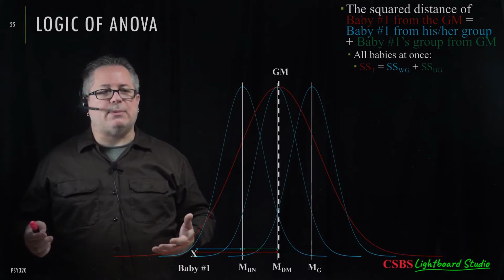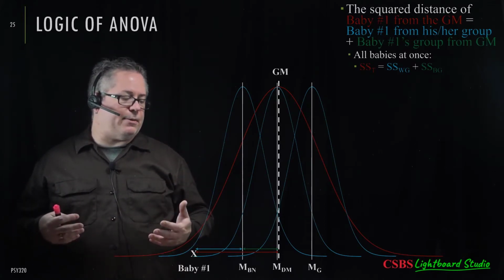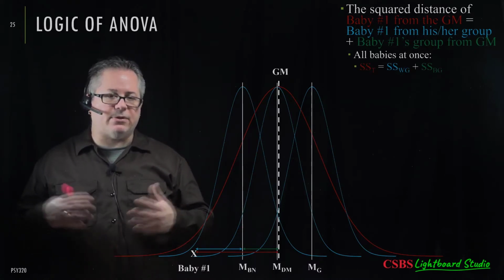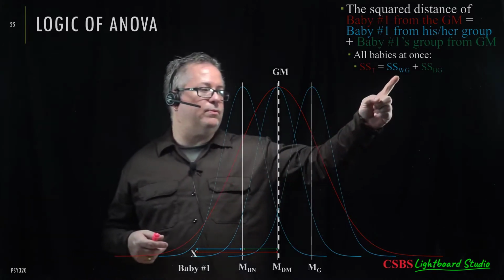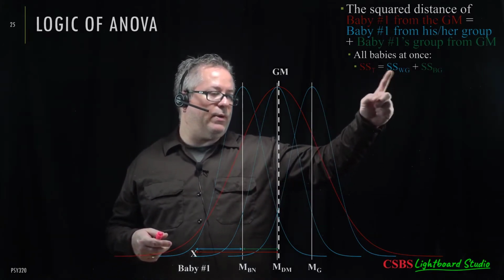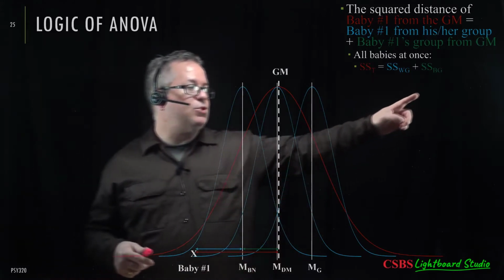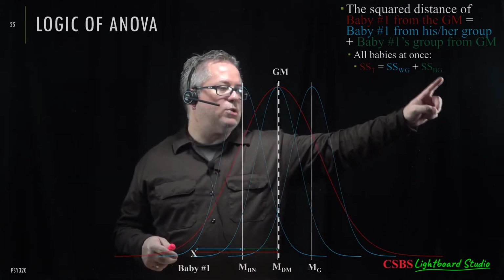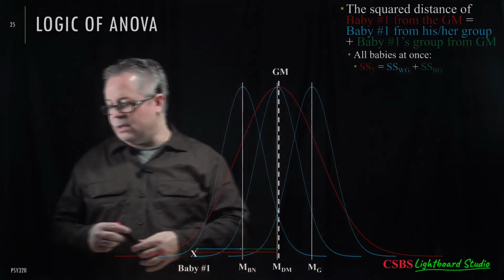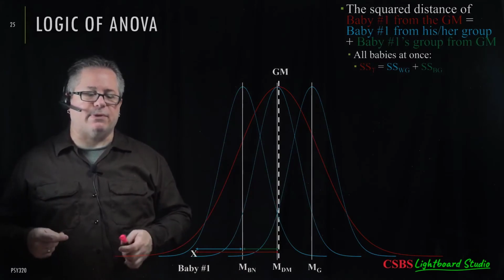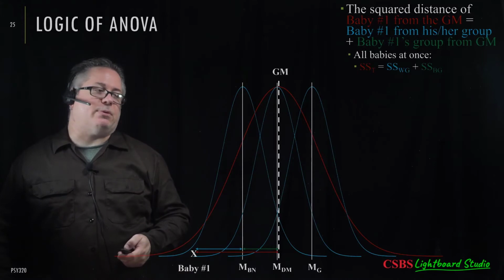When we did the independent samples t-test, we got the pooled variance to use in our denominator to solve for t. So we're going to do the same thing. We're going to pool the variances together to get a within groups variance. We're going to use that as our measure of random variability to see if our between groups variance is large enough, larger than the within groups, to have a significant difference. It's just going to require a slightly different distribution.